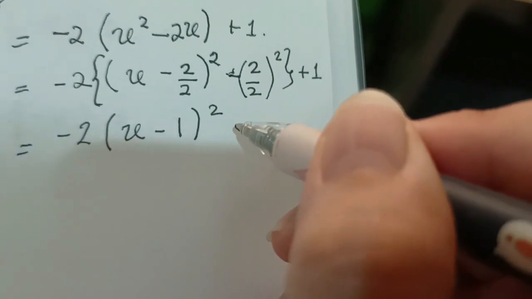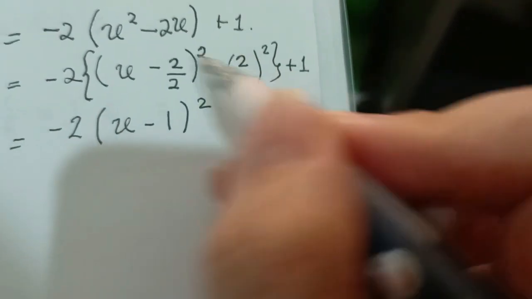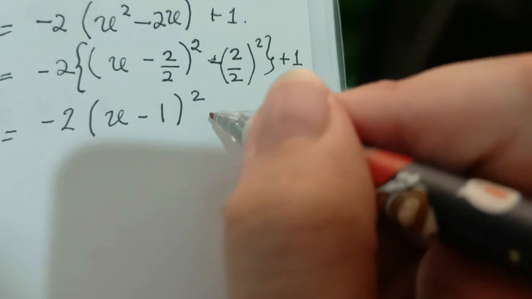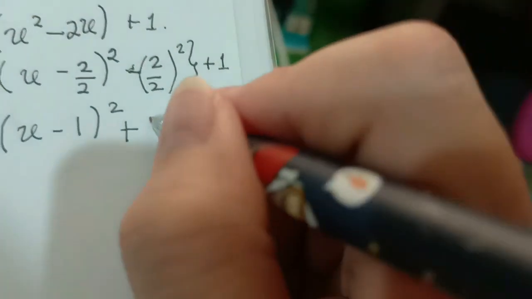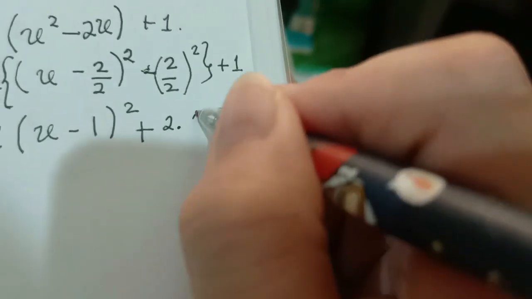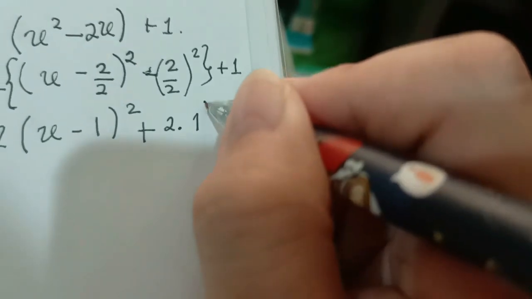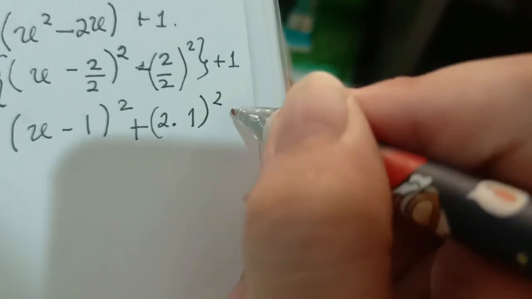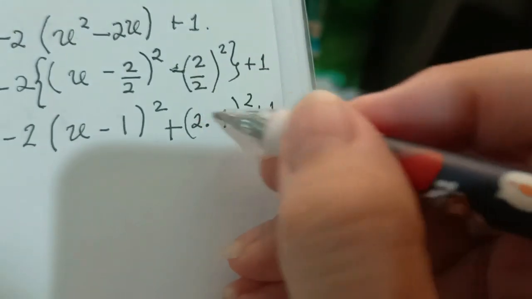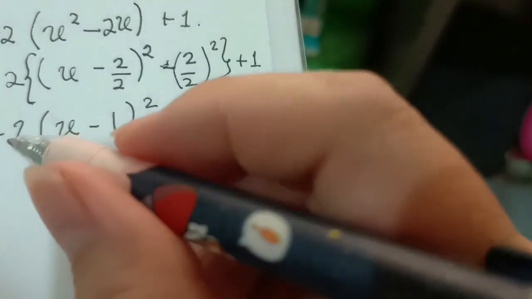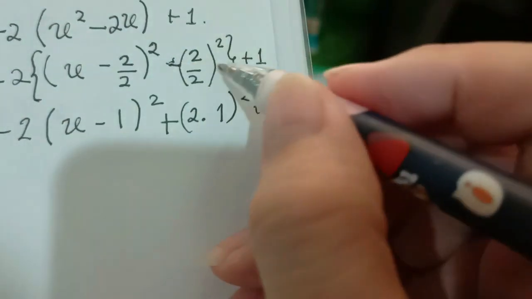Now this minus multiply minus 2 is becoming plus 2 multiply 1 quadrat plus 1, because 2 per 2 is 1. Multiply 2 from here because we open this bracket.